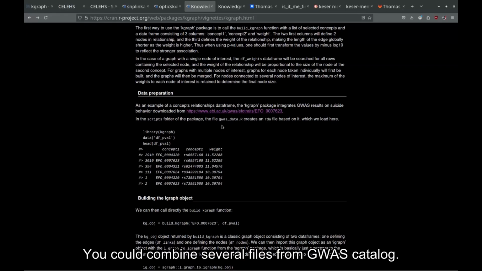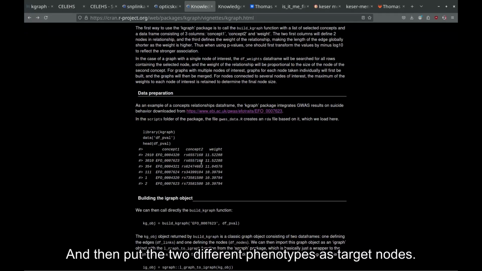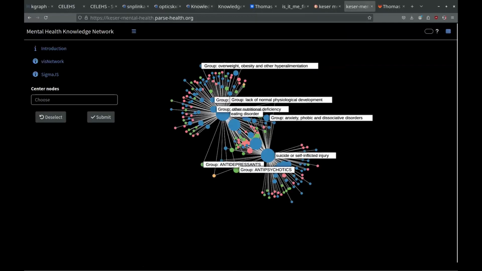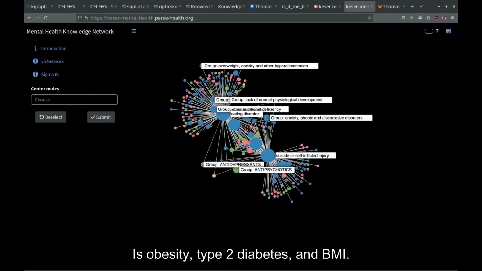You could combine several files from GWAS catalog, do a first data frame with one CSV file, or bind it with a second CSV file, and then put the two different phenotypes as target nodes and see what comes in between, a bit similar to here. One example we are using in the other project is obesity, type 2 diabetes, and BMI.